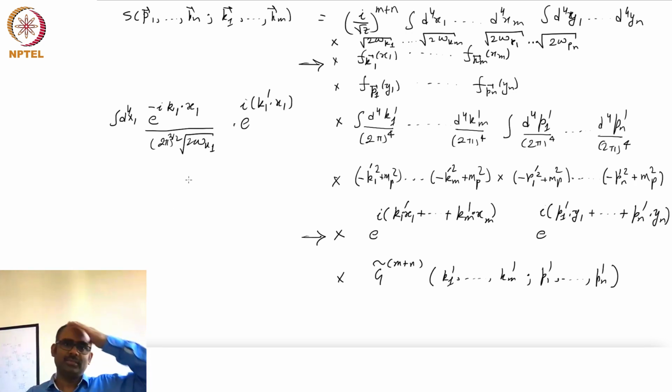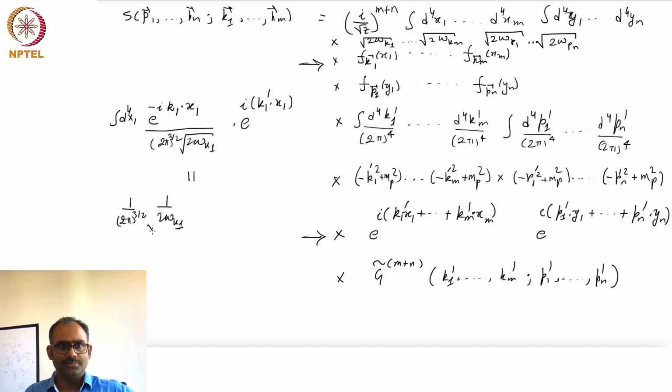Okay. That is all for x1. Now, this one you can integrate out and it will give you 1 over 2 pi to the 3 halves, 1 over 2 omega k1, and this exponential, upon integrating, will give you 2 pi to the 4 delta 4 of minus k1 plus k1 prime.